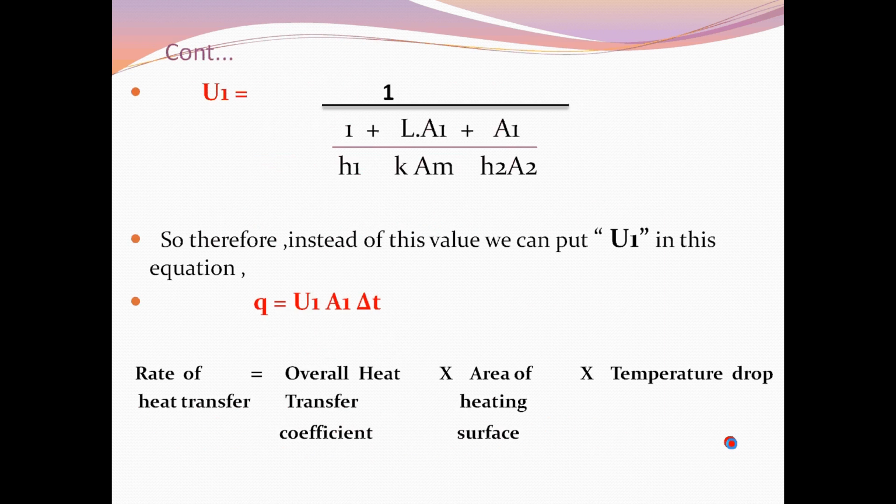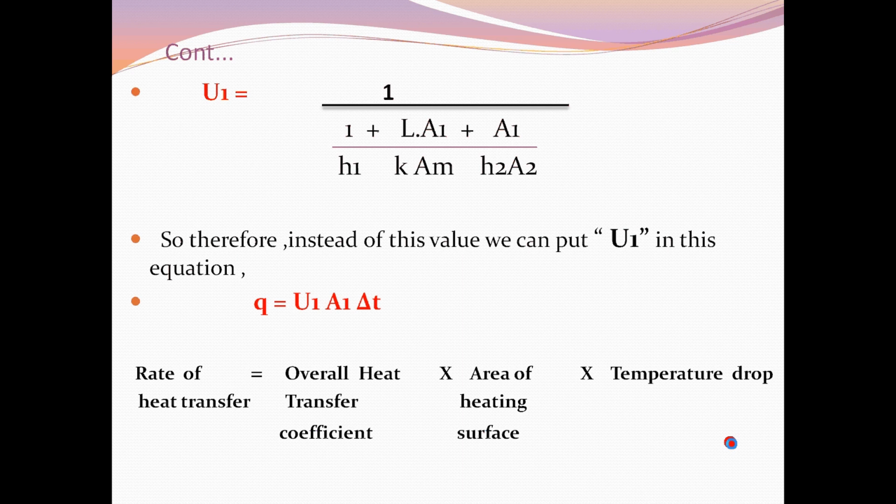So U1 is equal to 1 upon (1 upon H1 plus L into A1 divided by Km plus A1 divided by H2 into A2). Therefore we can put U1 in this equation, and our final equation is Q equal to U1 into A1 into delta T.